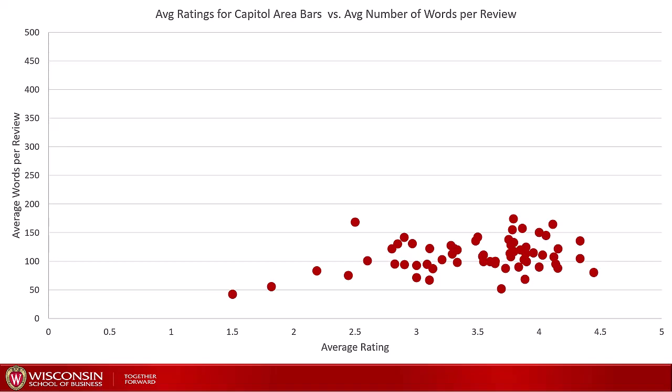Again, this is real world data, so we can have some intelligent debate about whether or not a point is an outlier and what we should do about it. But let's say that instead of that Zender's Capital Grill at 2.5 stars and 168 words per review, let's say that instead of being there, it was up here.